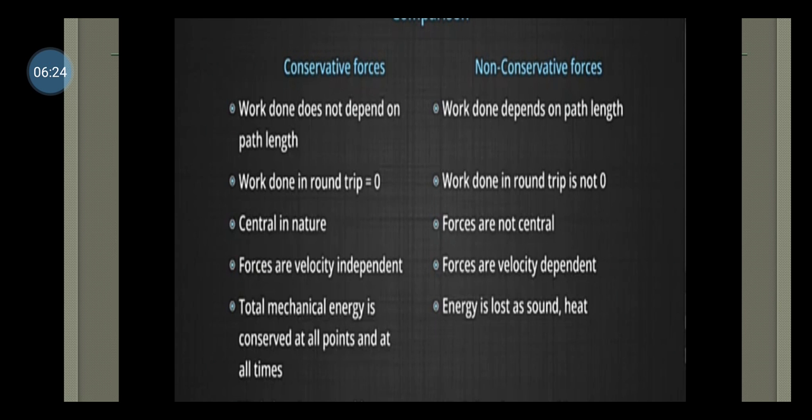Third difference, conservative force is central in nature. Non-conservative forces are not central. Conservative forces are velocity independent. Non-conservative forces are velocity dependent.